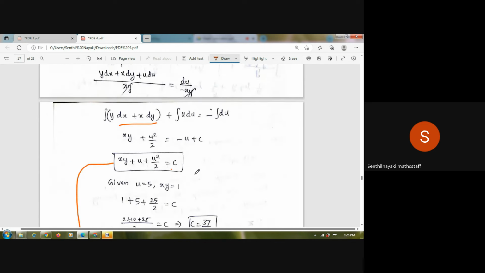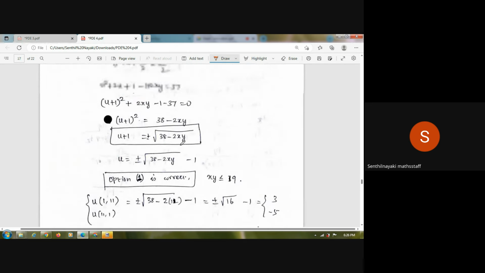So let us check. If xy equals 19, then what will we get? Then 38 minus 38 is 0, so u equals minus 1. Suppose xy is greater than 19, what will happen? Then this term becomes negative, and the square root of a negative term becomes a complex one.